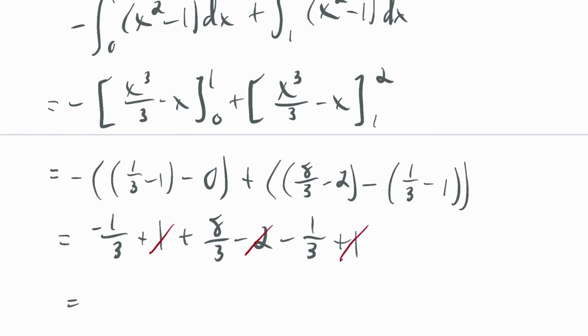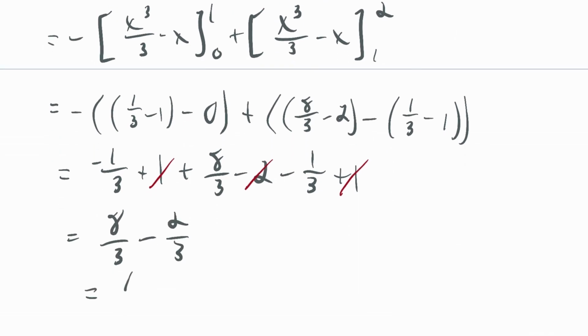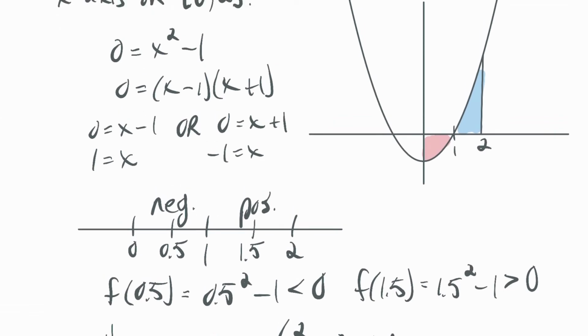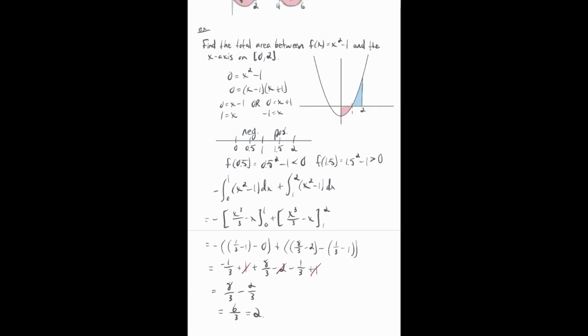So I will get, well, 8/3 minus 2/3. So I get 6/3, or exactly 2. So 2 is the area between the parabola and the x-axis, and we're making sure to count the part that's below positively by negating it after we calculate it. Anyway, there is that example.